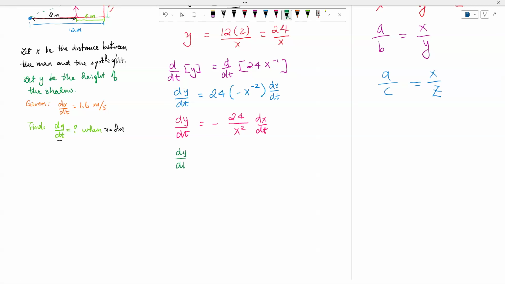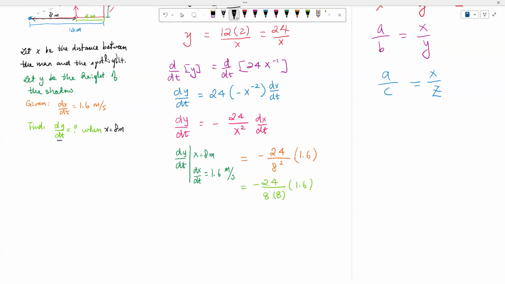So I have dy/dt evaluated at x equal to 8 meter, and dx/dt is equal to 1.6 meter per second, which is equal to negative 24 divided by 8 squared multiplied by 1.6.